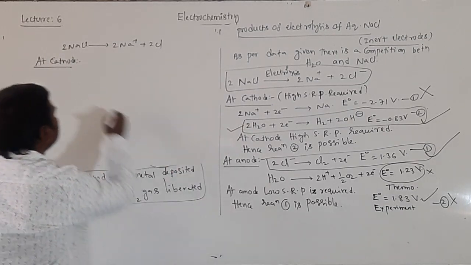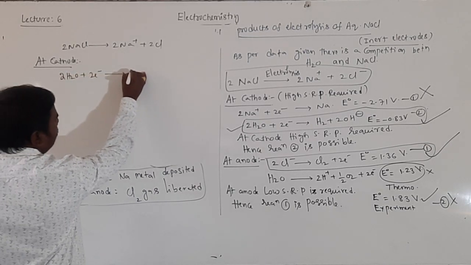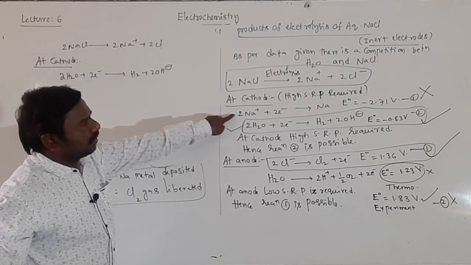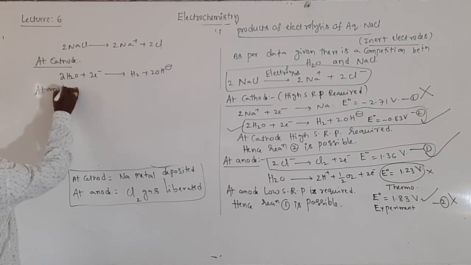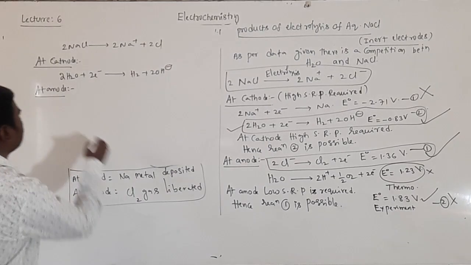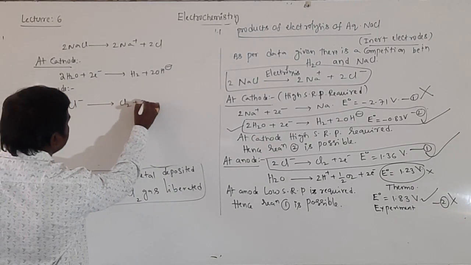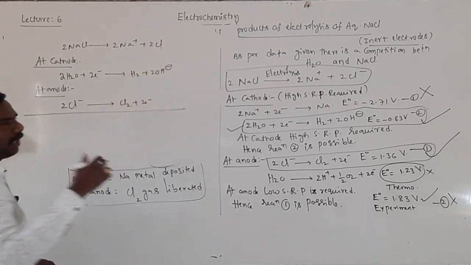This one: 2H2O gains 2 electrons, then H2 plus 2OH minus. It is favorable; the other is not favorable. Then at the anode, among the two reactions, the first one, the Cl minus reaction, is favorable: 2Cl minus gives rise to Cl2 plus 2 electrons. Then by looking at these three, 1, 2, 3, you can cancel.